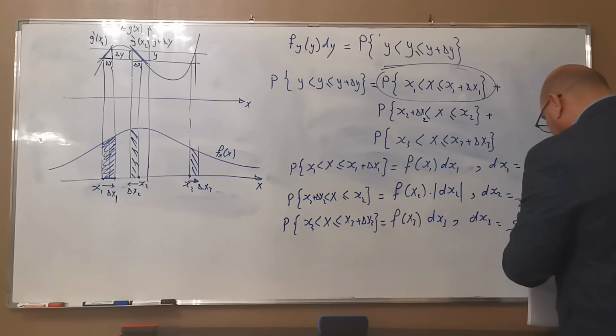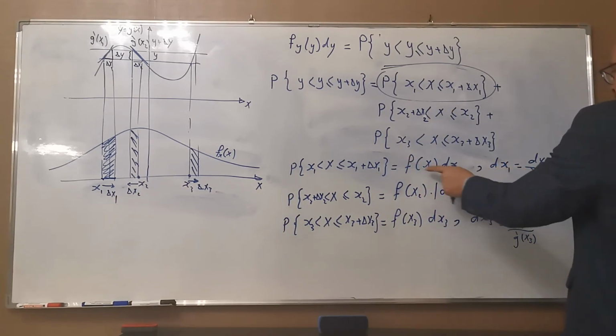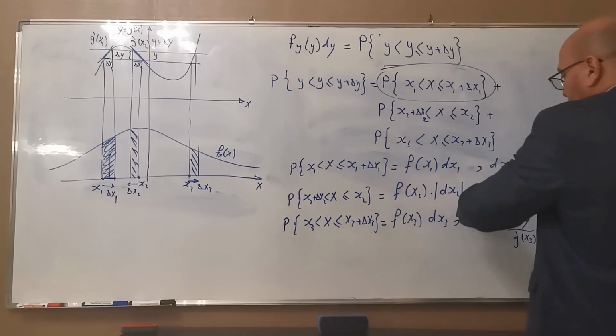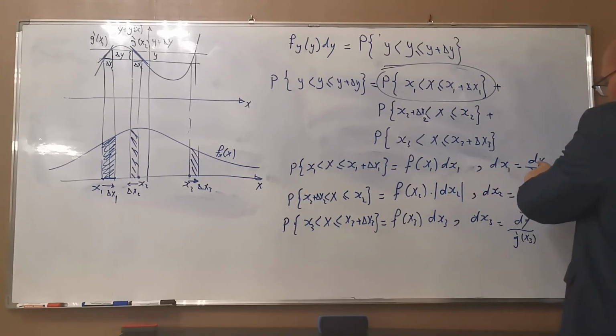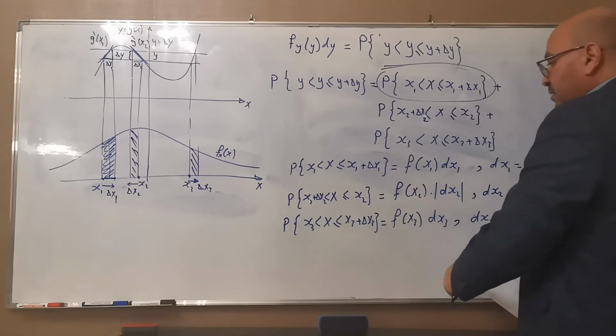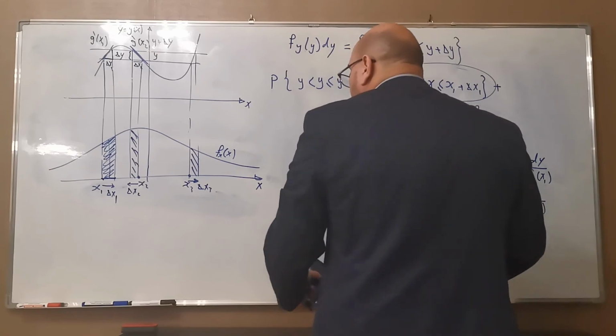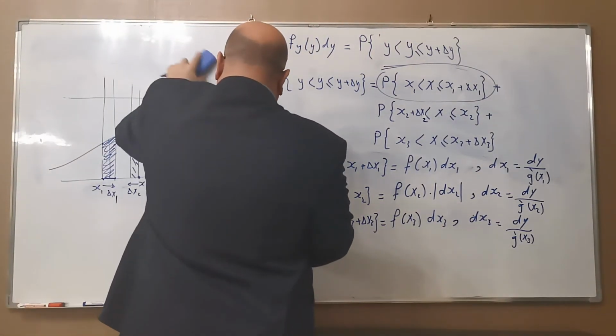And dx3 is equal to dy divided by g prime of x3. If we take those three results that we have here and substitute for dx1 what it equals in terms of dy over g prime of x1, and likewise for the others, you will end up with the result that we have in our theorem.